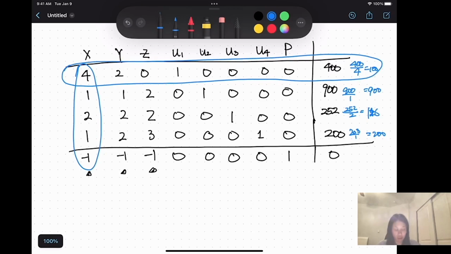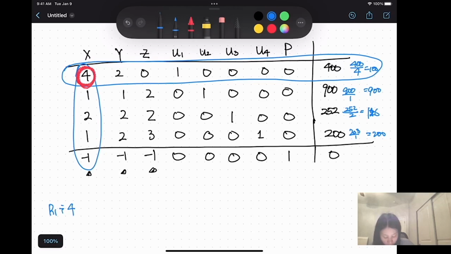Okay, so now we have our pivot column. So this is our pivot element, the pivot point. So what we want to do is we want this to become +1, right? So that means for the first row, I want every element divided by 4.